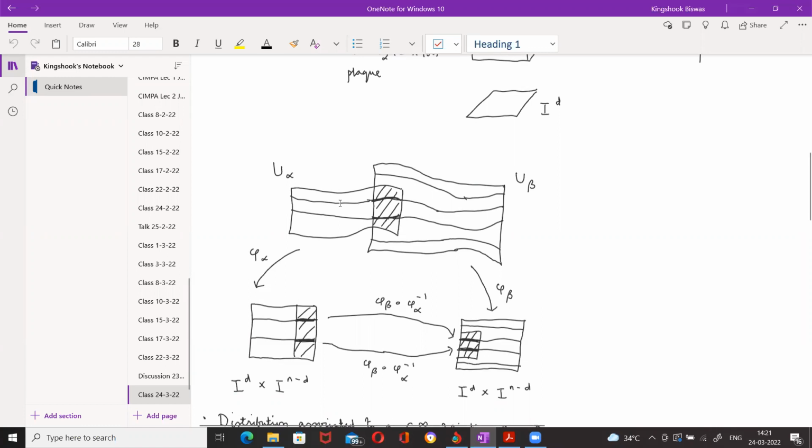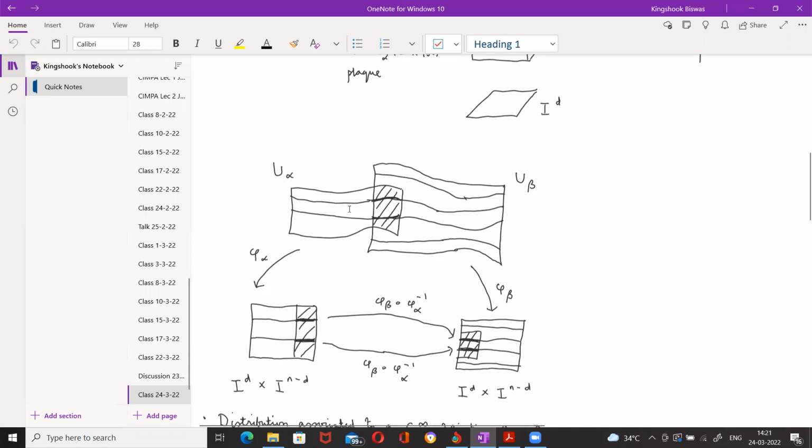The plaque is an integral manifold for the distribution. So through every point, there is an integral manifold. Is that clear? So the distribution is integrable, right? Yes? And conversely, if I'm given an integrable distribution, then it will define a foliation structure.